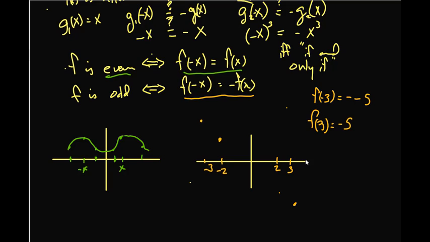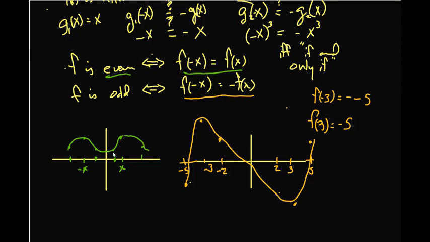And then let's say I go over here to 5 and I get here. That means over here at negative 5, I have to get something down here. So maybe it looks like this, like that. Okay, so this kind of function is called an odd function.